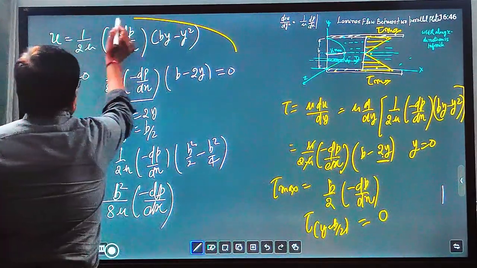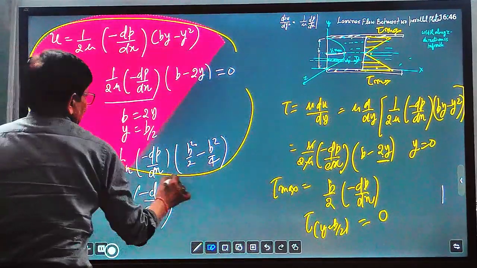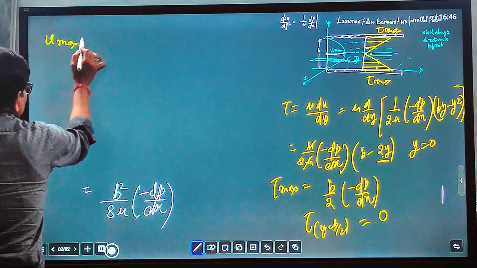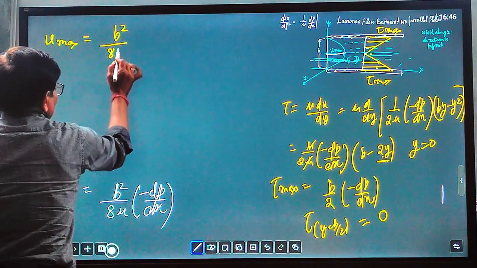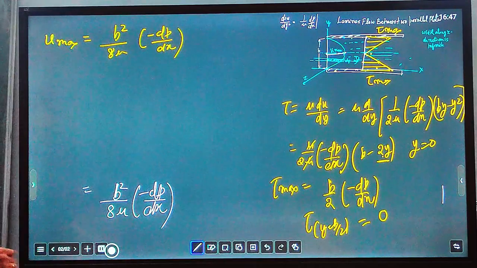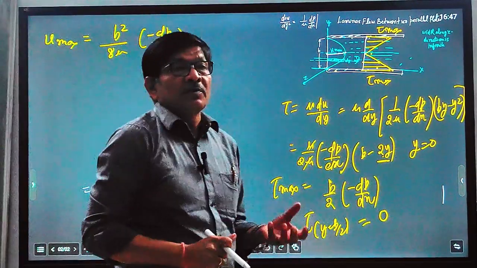Now let us see what we have already calculated: maximum velocity u maximum equals b square upon 8 mu times minus dp over dx. How do we find average velocity? Because all engineering calculations are performed with it.